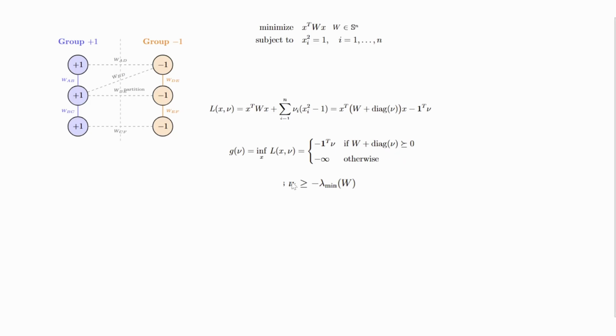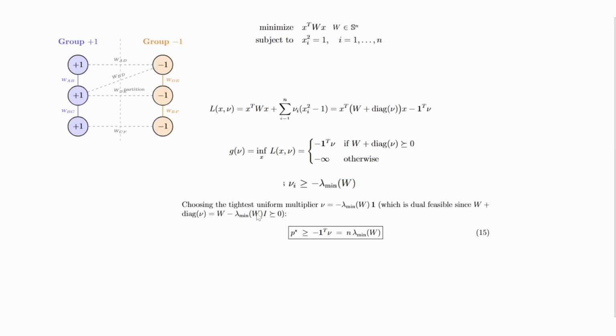Then that's equivalent to saying that vi is greater than or equal to the negative of the minimum eigenvalue of W. Okay, finally, we want to choose the tightest uniform multiplier v, which is the negative lowest eigenvalue of W times 1, which is dual feasible since W plus diagonal v is greater than or equal to 0.